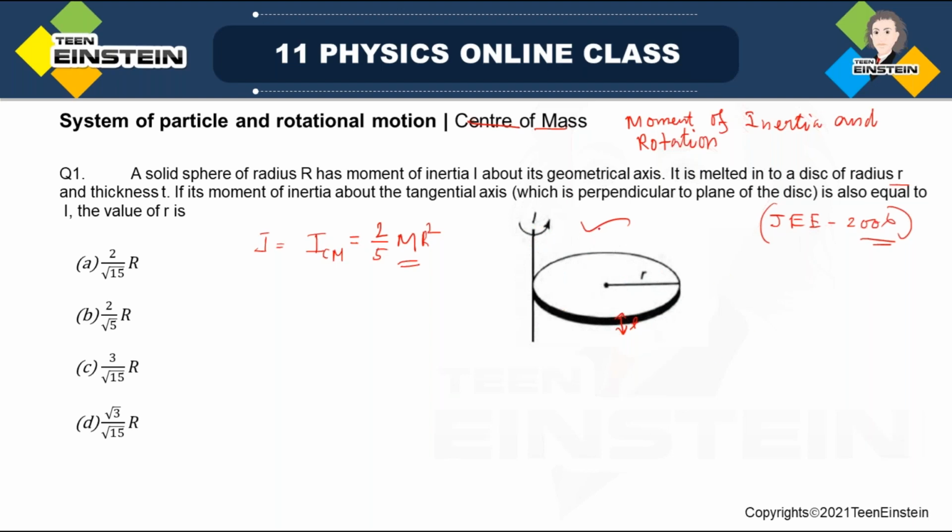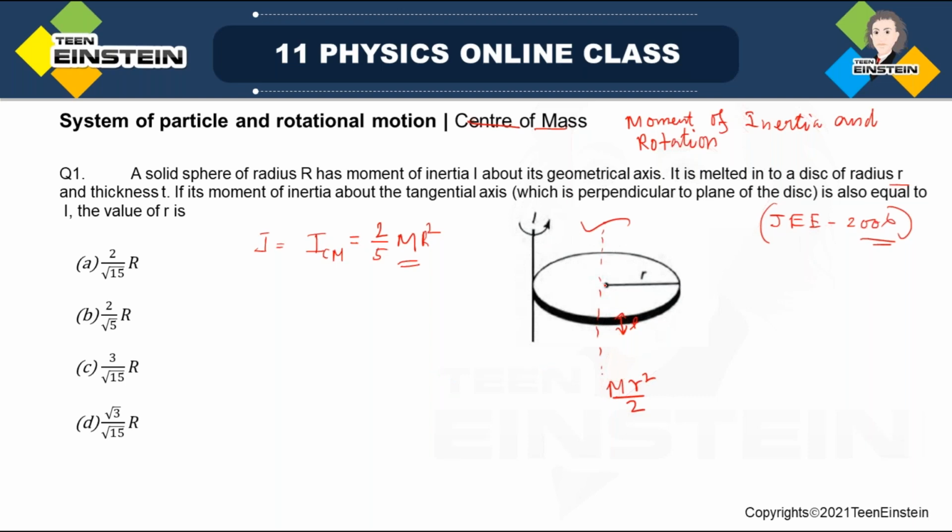So this we can find out. We know the moment of inertia about the center of mass for a disk is M r square by 2, sorry, not M r square, M r square by 2.